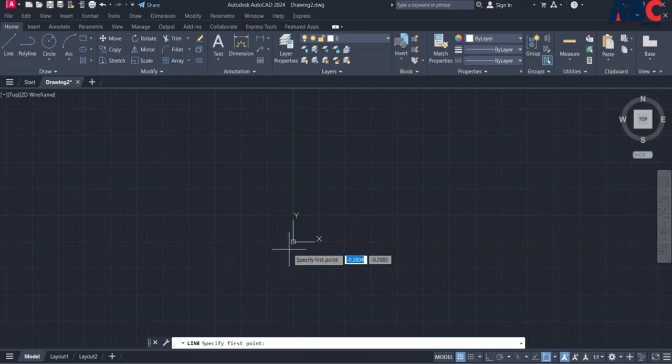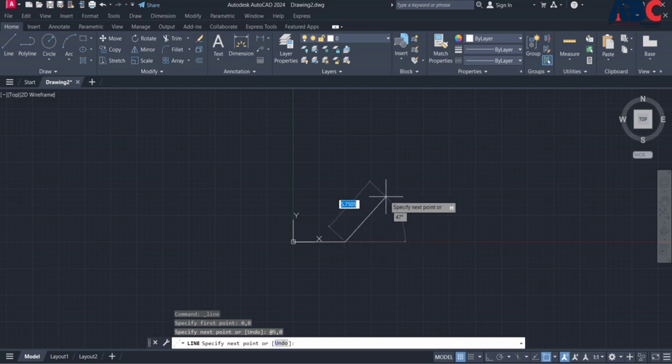So let's see the example for the relative coordinate system. First, I will take the line command and specify the first point at 0,0, and then for the next point I have to put the @ symbol and then specify the point 5,0, enter. Then this 5,0 point is considered as 0,0 for the next point.